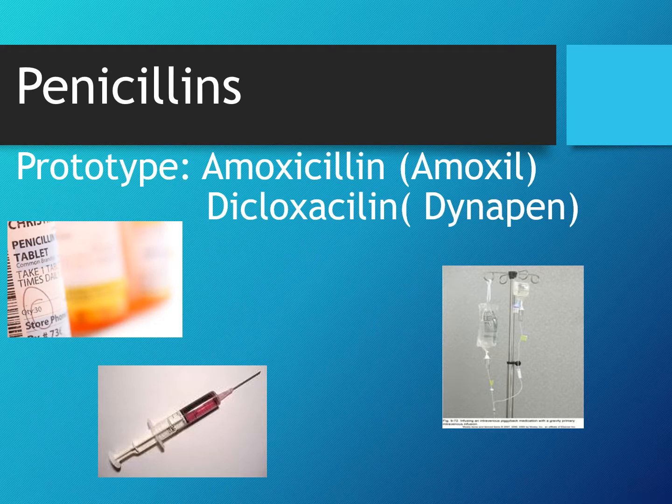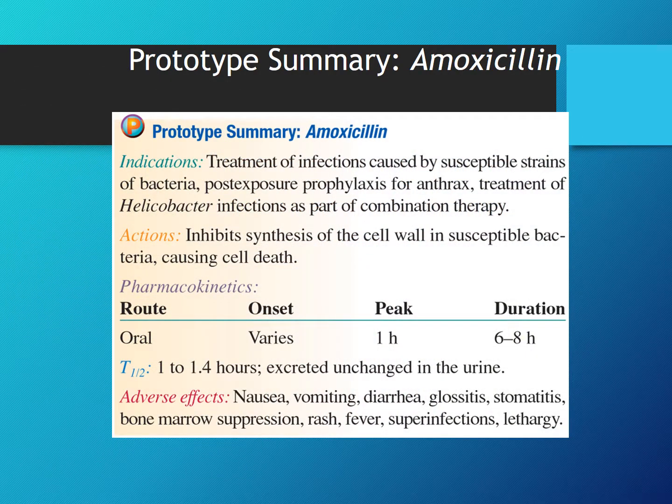So with your penicillins, your prototype is amoxicillin or dicloxacillin. So amoxicillin, here's your drug card for your prototype. Treatment of infections caused by susceptible strains of bacteria, post-exposure prophylaxis for anthrax, treatment of Helicobacter infections as part of a combination therapy.